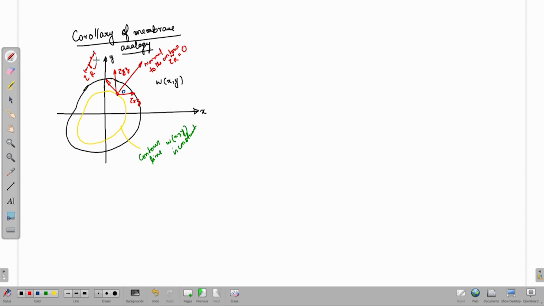So, if I have a shaft with a certain cross section, and the cross section is similar to that of the membrane that we have visualized or imagined, then if I select any point on the cross section of the shaft, the resultant shear stress at the point is going to be tangential to the contour through the point, right.